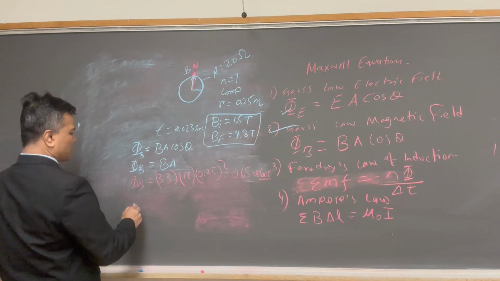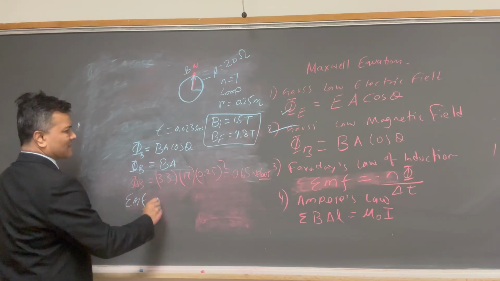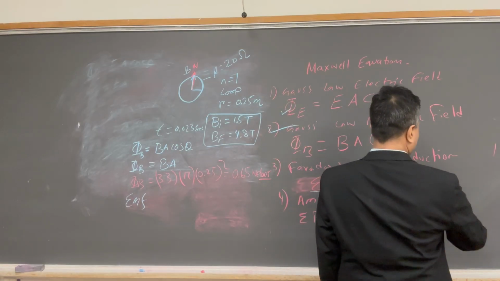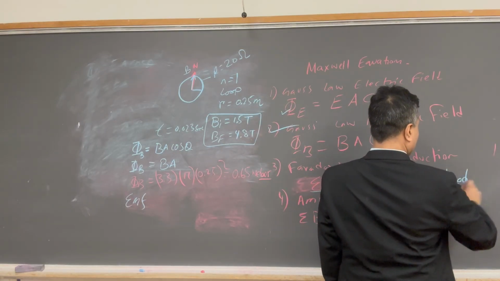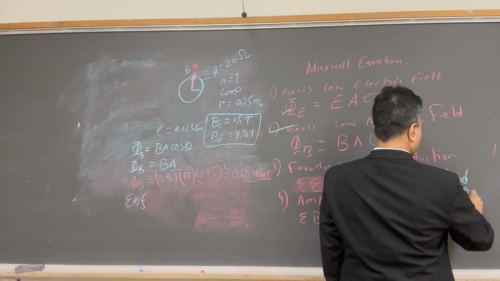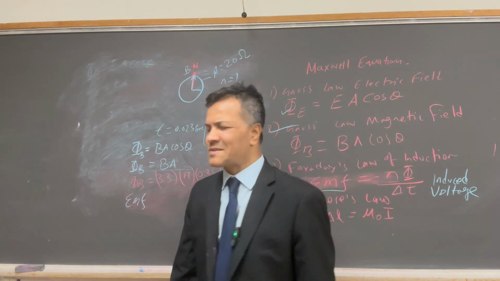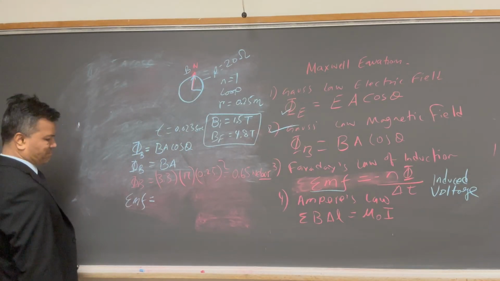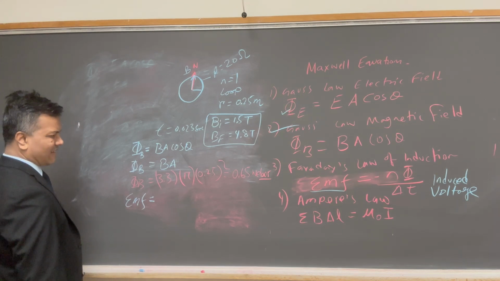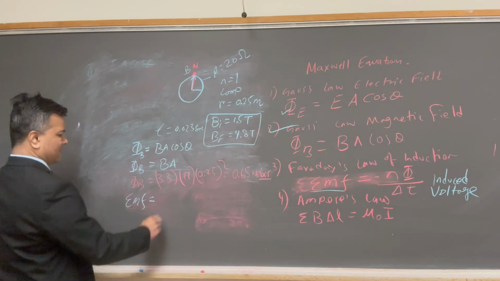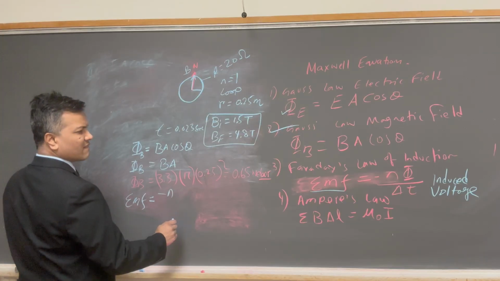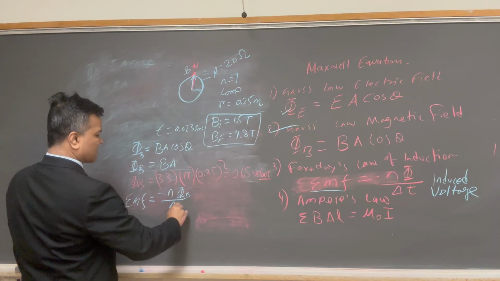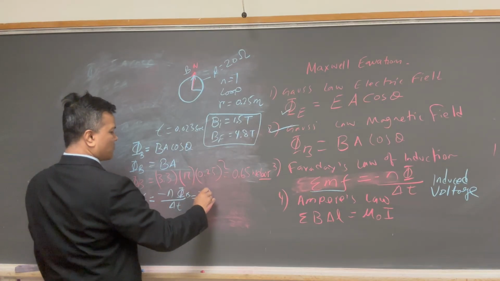All right, so what are we going to do now? EMF. We have EMF over here. EMF is induced voltage. So EMF is negative N flux over T. Loop is 1, negative 1.